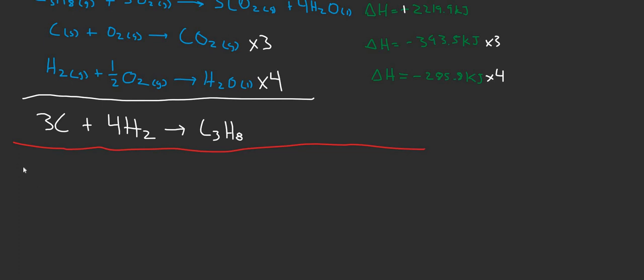So if we flip that first reaction, we end up with 3CO2 plus 4H2O going to C3H8 plus 5O2.